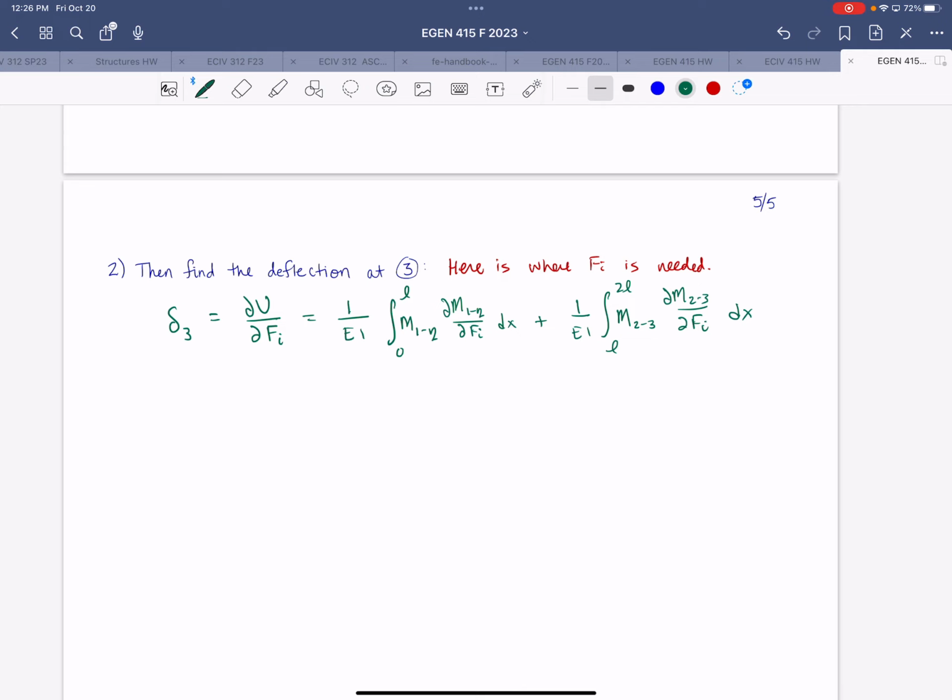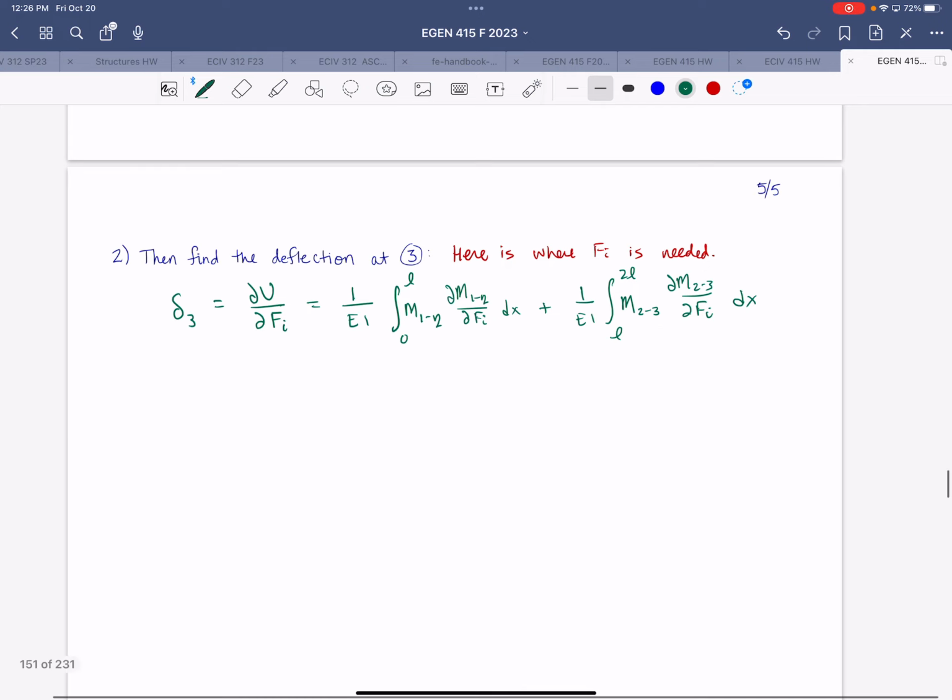So plugging that in, we get delta 3 is equal to the integral from 0 to L of, we'll have 1/2 M naught minus Fi times 2L minus 3/2 times M naught over L times x.